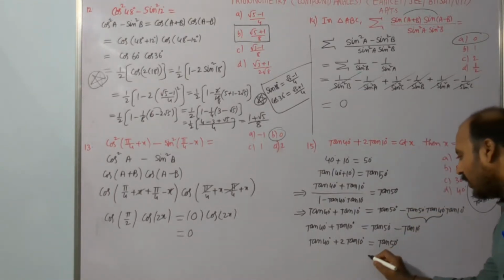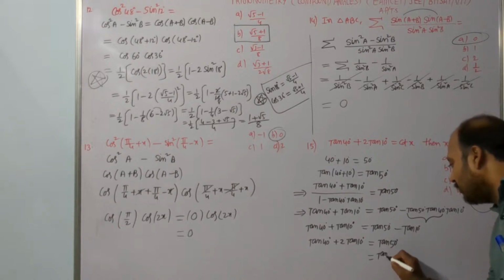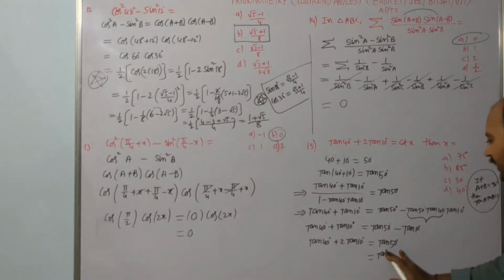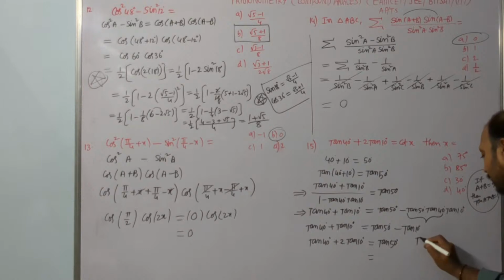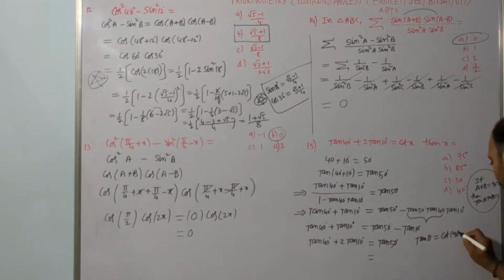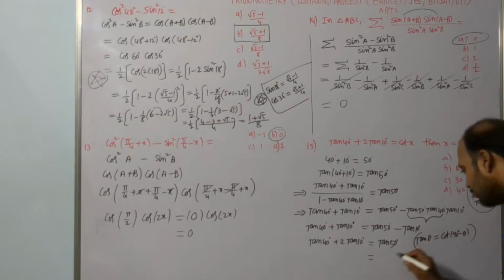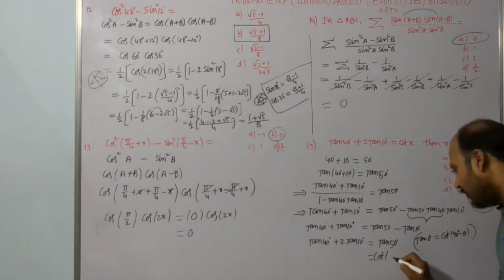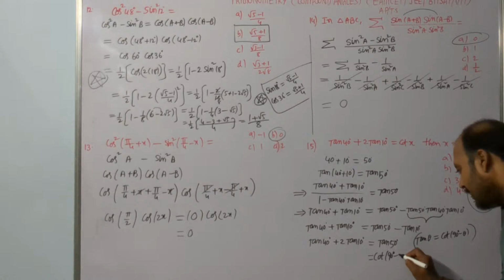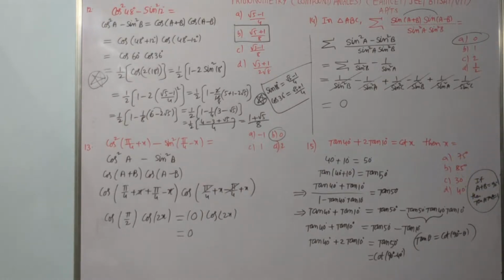So cot I want to write it. Tan theta can be written as what? So tan theta is equal to cot of 90 minus theta only now. So what can I write? Cot of 90 minus 40. So I want to get in terms of tan theta.